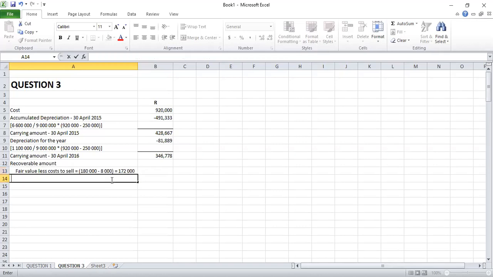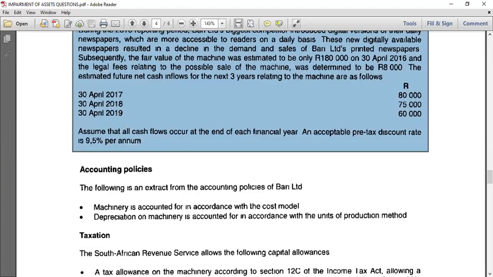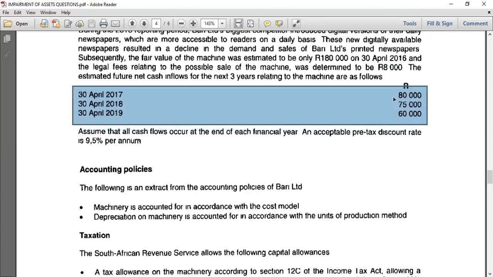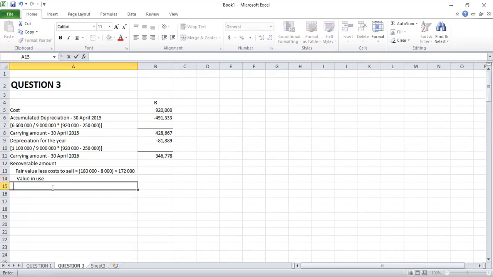Right, then our value in use. We have these cash flows here. So we have cash flow 1, which will be equal to 80,000.